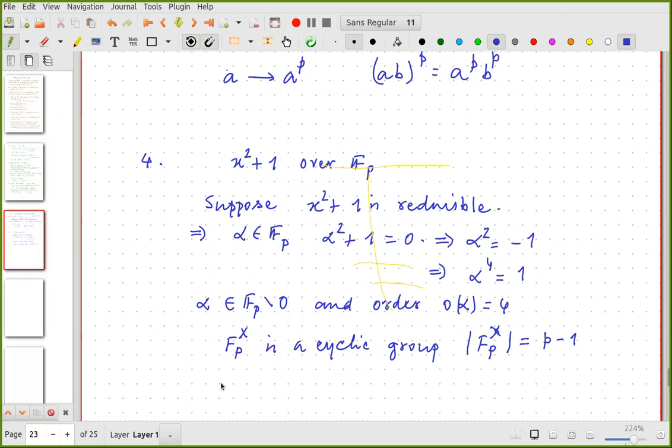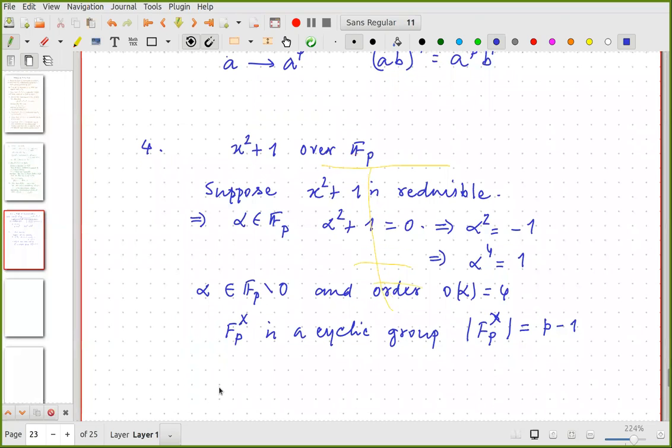And alpha is in the group and its multiplicative order is 4. Therefore 4 divides, since the order of an element divides the order of the group. So 4 has to divide p minus 1, and that shows p is 1 mod 4.